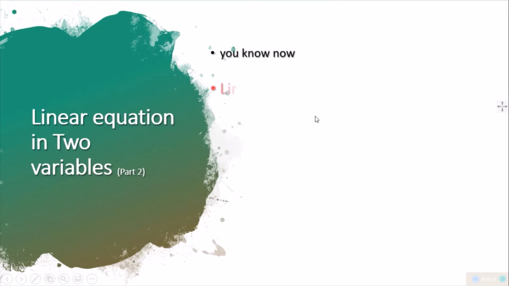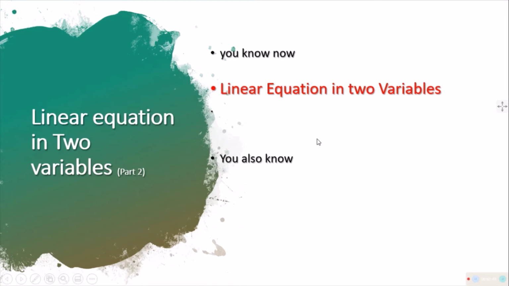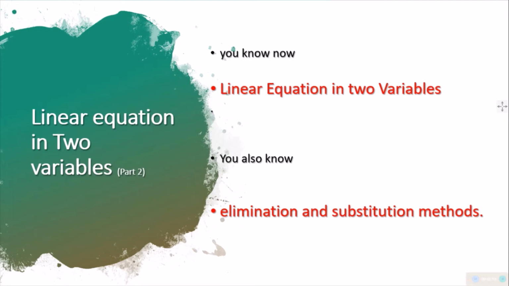You already know what is meant by a linear equation in two variables, and how to find the solution for a linear equation in two variables by the elimination method and substitution method. This you have already studied, and that is also mentioned in the last video.